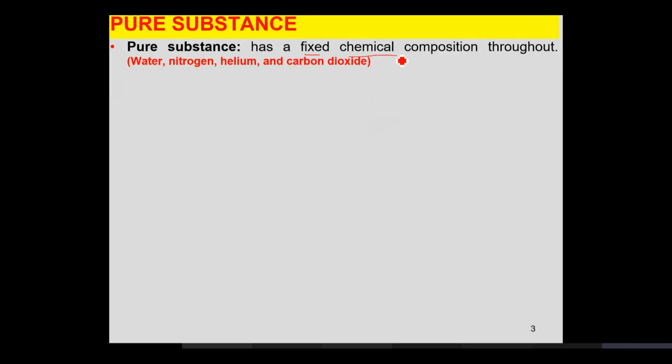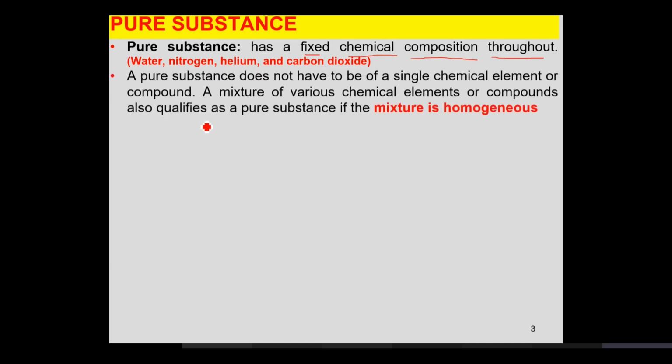It is not necessary that your composition is fixed to an element or a group of elements. You define a pure substance based on the composition, and you say that a substance is pure if the chemical composition remains the same throughout. This also brings me to the point that a pure substance does not have to be a single chemical element or a compound.